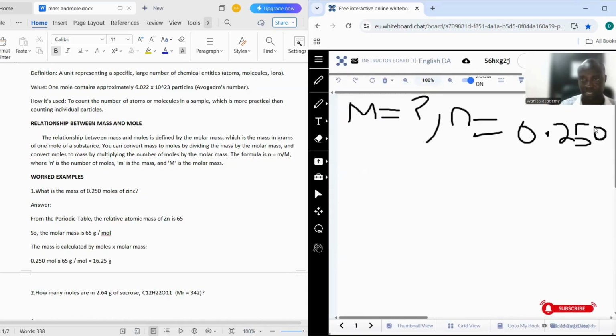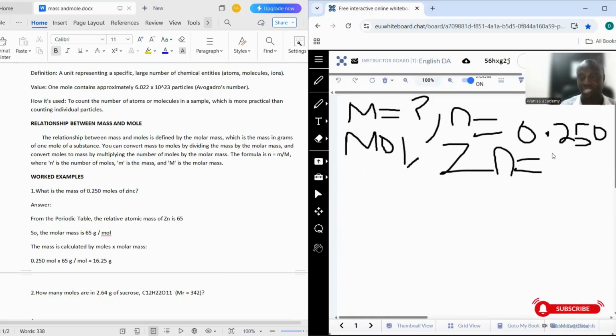The unit of mole is mol. Then the relative atomic mass of zinc, Zn, a transition metal, is 65 in the periodic table. Therefore, the molar mass of zinc must be 65 gram per mole.